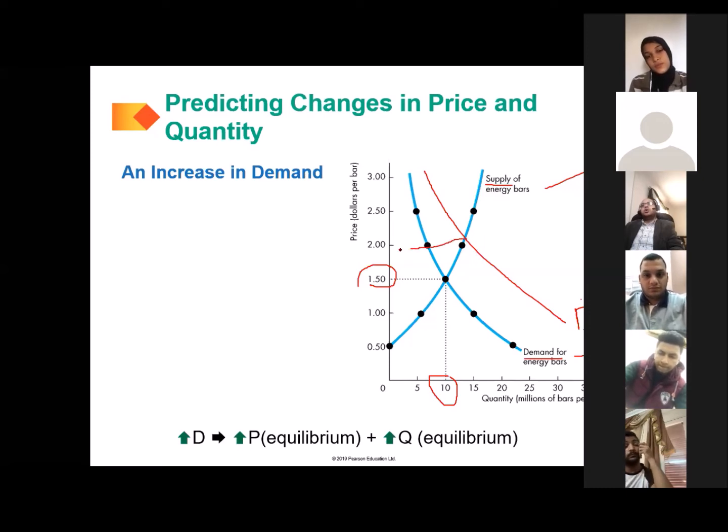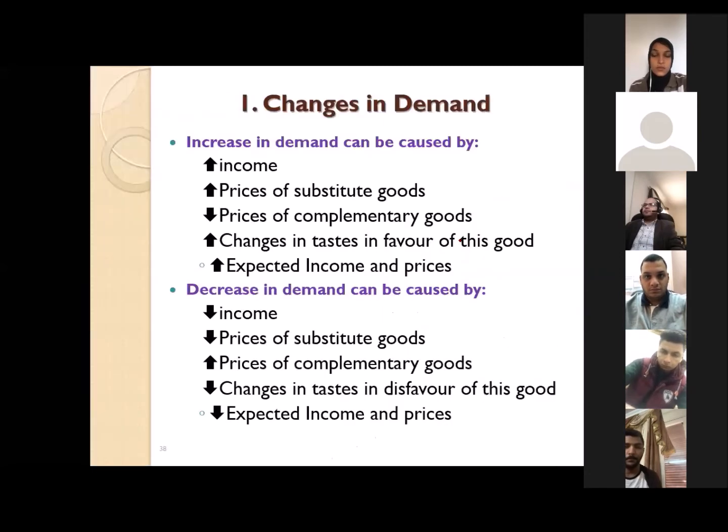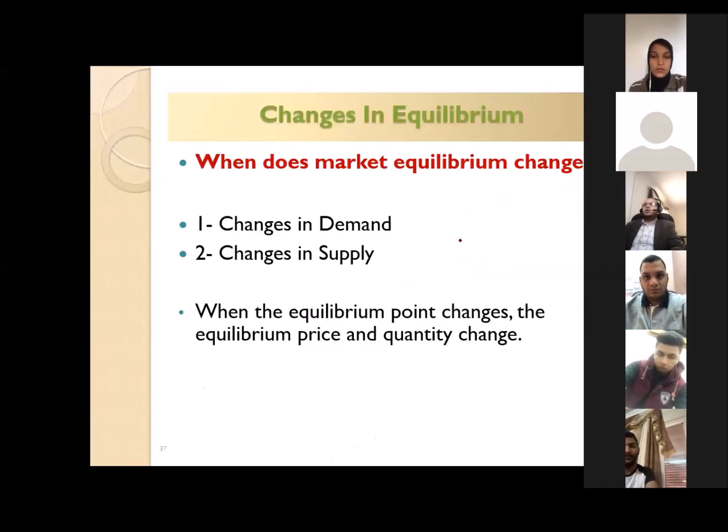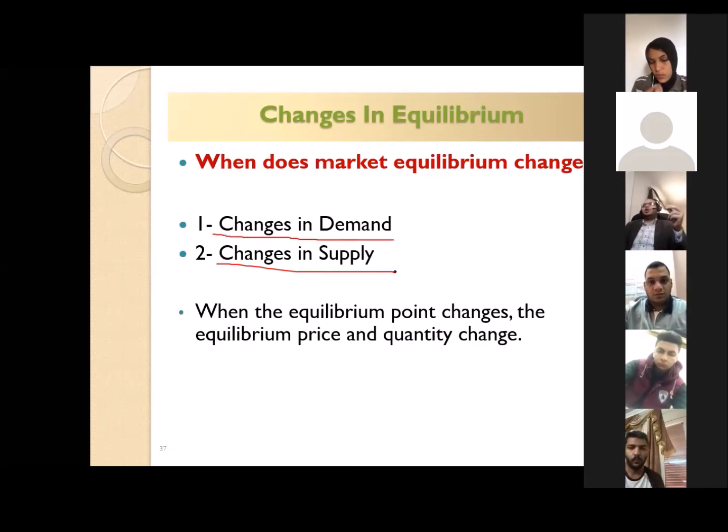So this is a new equilibrium point. We moved from this point to this point. So the equilibrium situation changed. My question is, what will happen to the equilibrium when any factor of demand or supply changes?